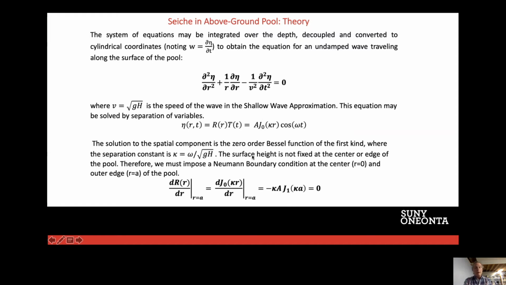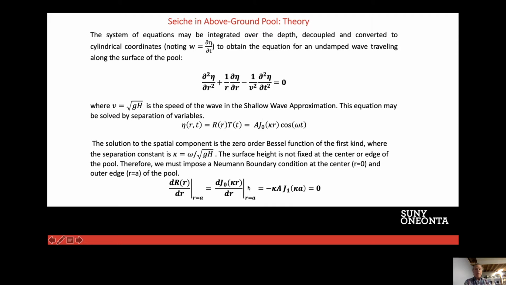So now we're going to need some boundary conditions, and we know that out at the edge and in the center of the pool, the surface is not fixed. It's oscillating up and down. So the boundary condition we use is essentially a Neumann boundary condition on the slope of the radial part of the solution.